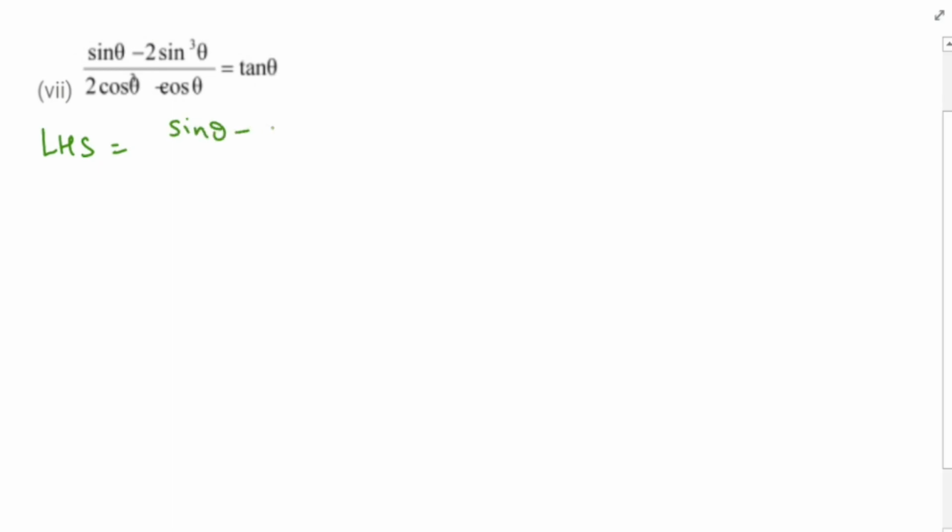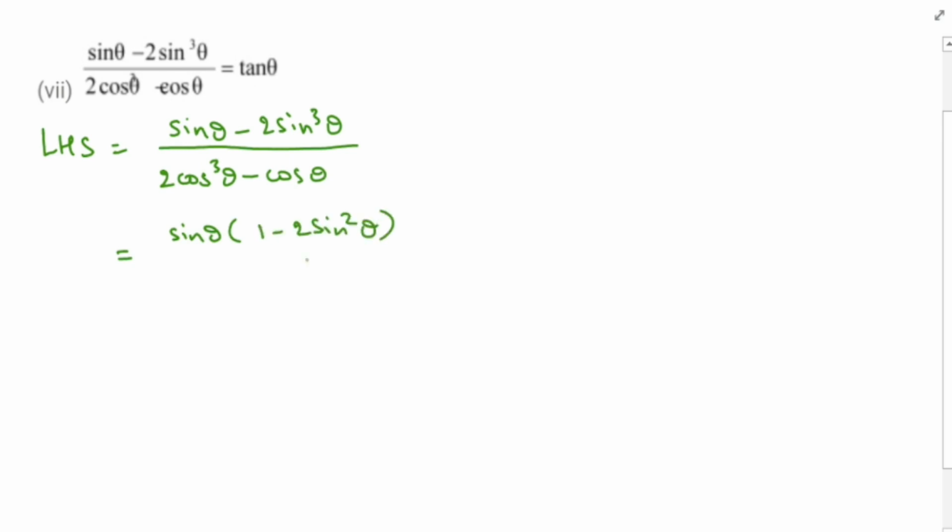Sin theta minus 2 sin cube theta divided by 2 cos cube theta minus cos theta. Sin theta is common in the numerator, 1 minus 2 sin square theta, and cos theta is common in the denominator, 2 cos square theta minus 1.